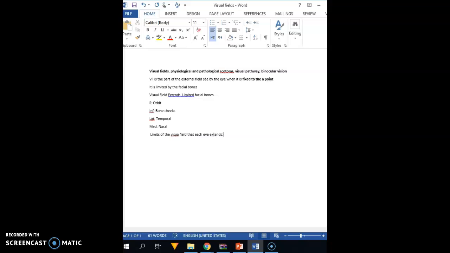Superiorly it's going to be approximately 50 degrees. Inferiorly you can go a bit more, approximately 80 degrees.